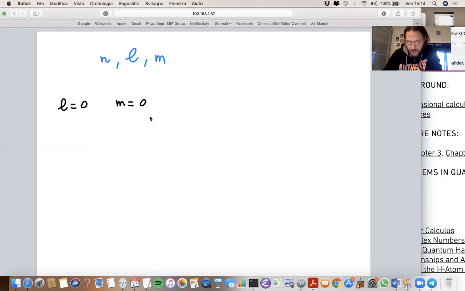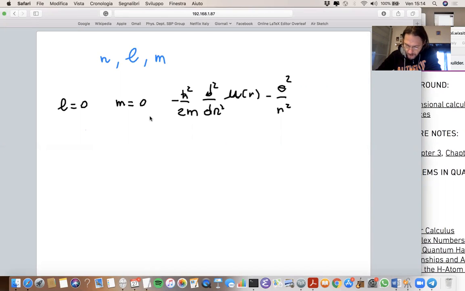And then the solutions will come from solving the Schrödinger equation, negative h bar squared over 2m, second derivative with respect to r of my function little u of r. This is my small function. Plus, now I'm going to write explicitly the Coulomb interaction, negative e squared over r, times u of r.